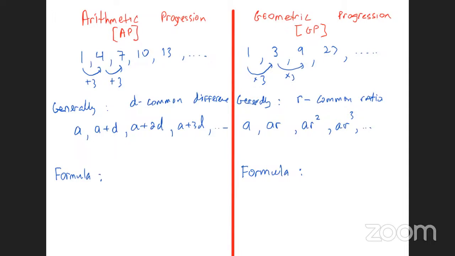Of course, I'm going to ask you to try to figure out what you think that formula is. Look at the AP, look at the GP, look at how it changes. What do you think the formula will be to find any term? Oh, by the way, I forgot to give you what A is. A is what you call your first term.